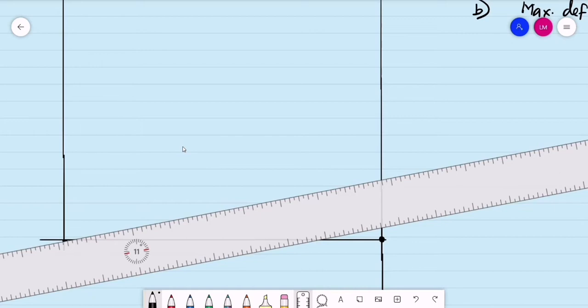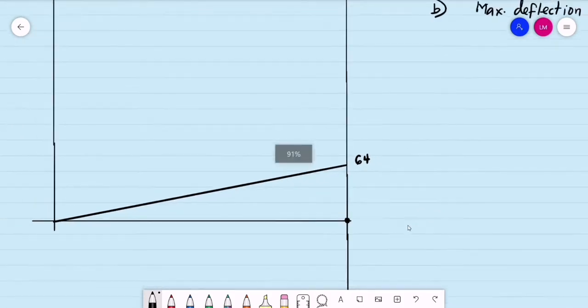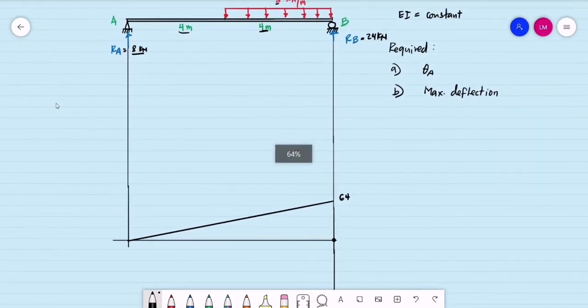So starting from A, 8 times 8 towards B, that is 64 kilonewton meters. This is positive 64 if we consider values above the axis to be positive.